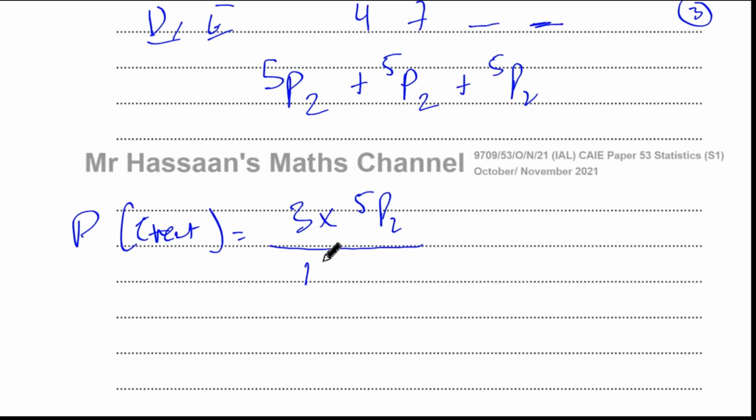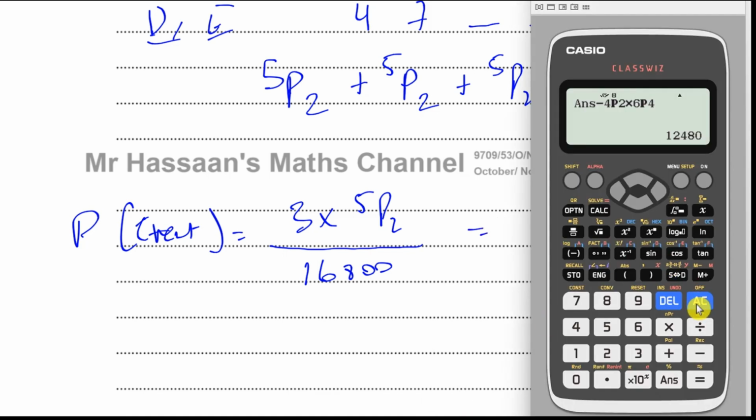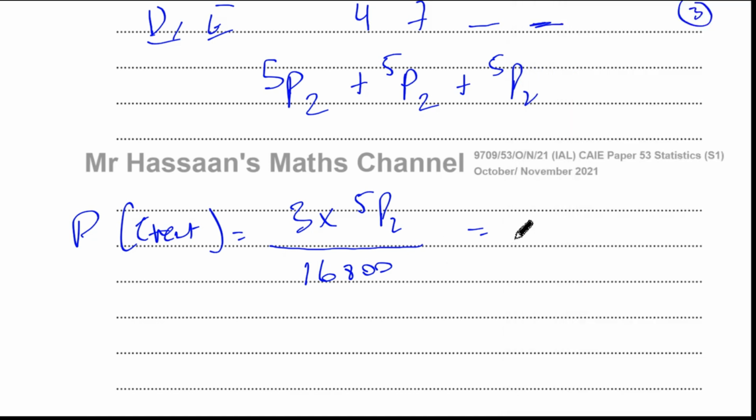So you have the fraction 3 times 5P2 over 16,800. And that gives us 1 over 280, which is the answer to the question.